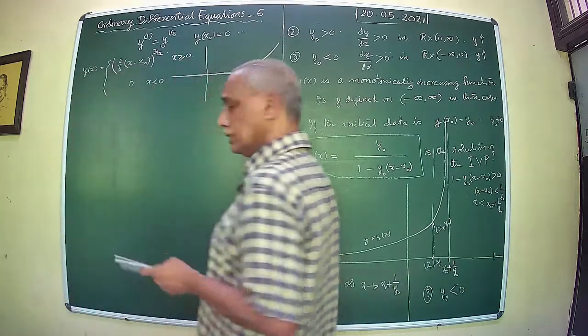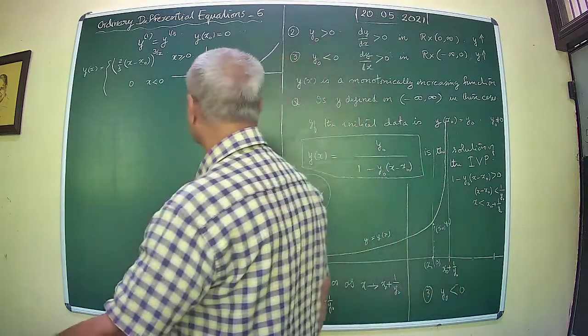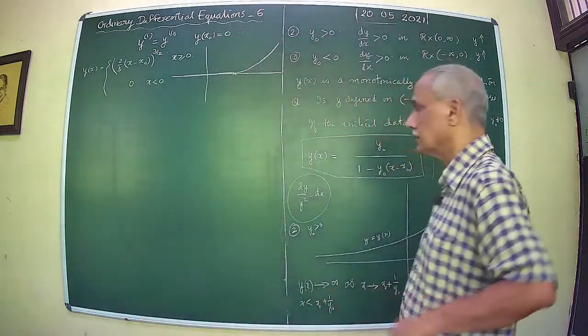This is the second solution. Y identically 0 is one solution, second solution is this.